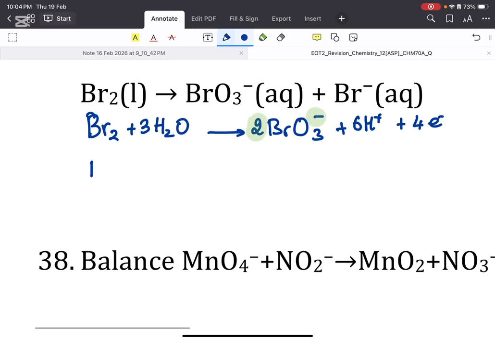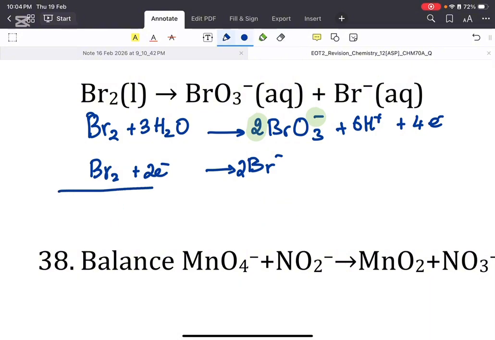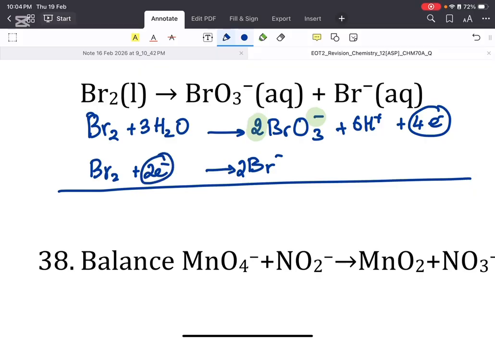Now moving on to the second. Again, Br2 giving Br minus. Now 2Br, here's 2Br. Now this side 2 minus, and here's 0, so it's higher. I'm gonna add 2 electrons to balance them. Now the overall. Here I have 4, and here I have 2.